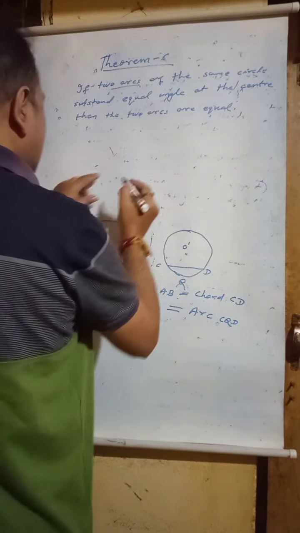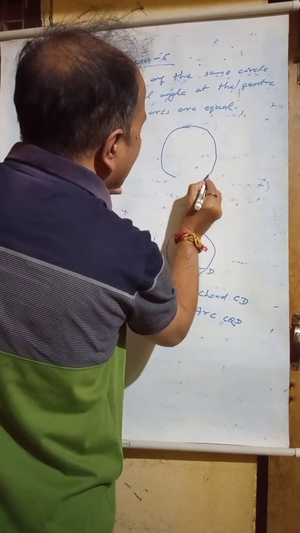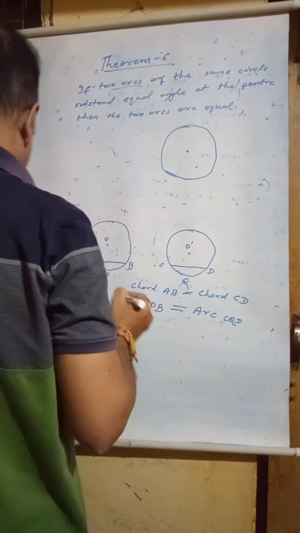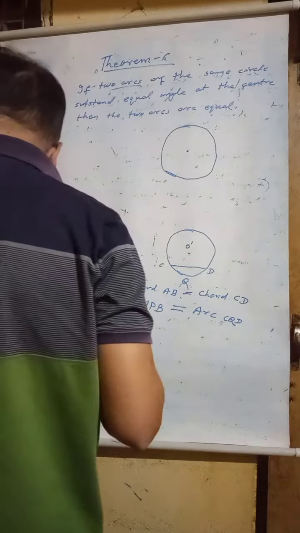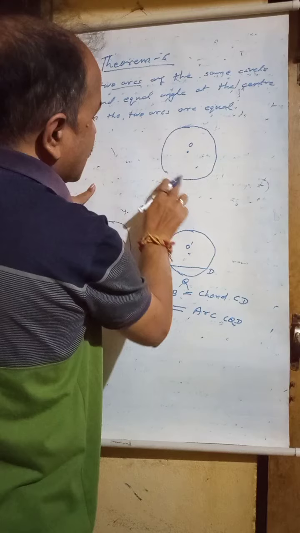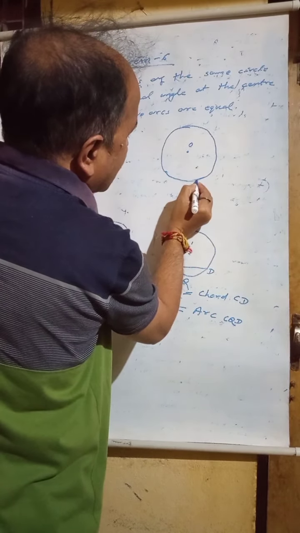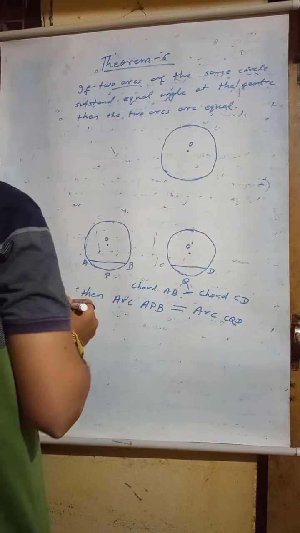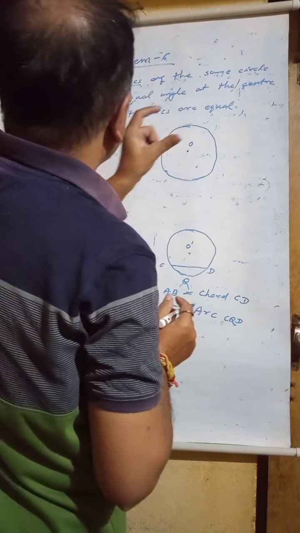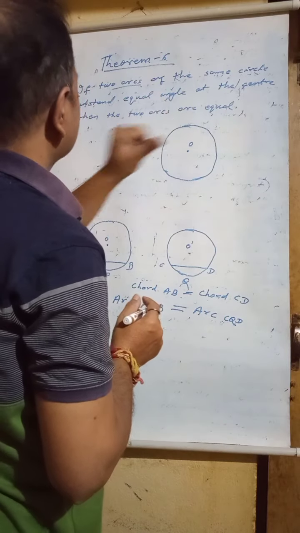So now, in a circle with center O, what is told? Two arcs of the same circle subtend equal angles at the center.